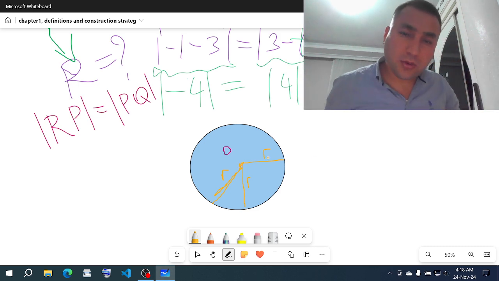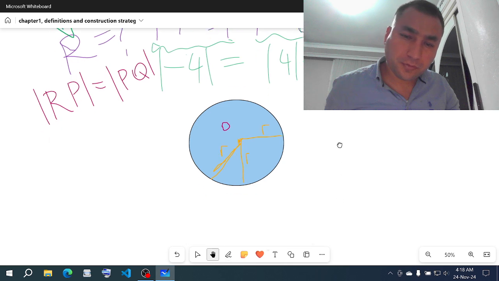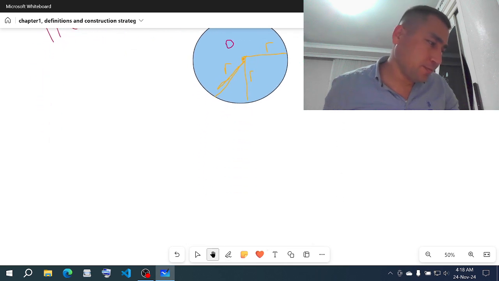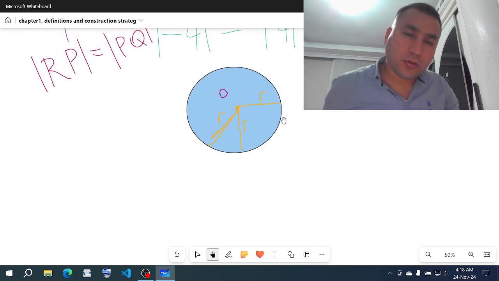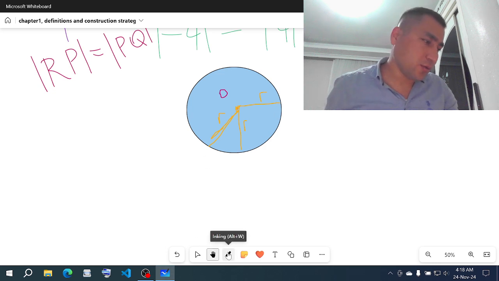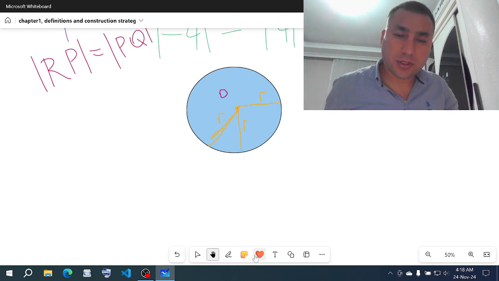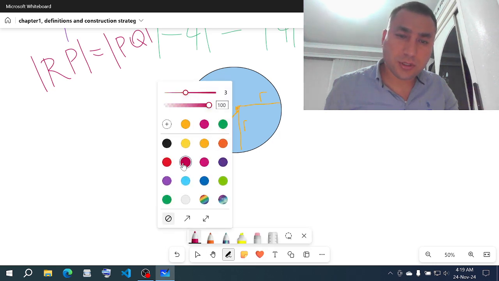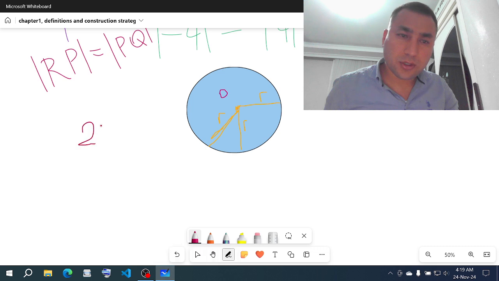And we have another question. So let's say O has a circumference of 252 centimeters. Its full circumference is 252 centimeters, all of this outside of the circle.